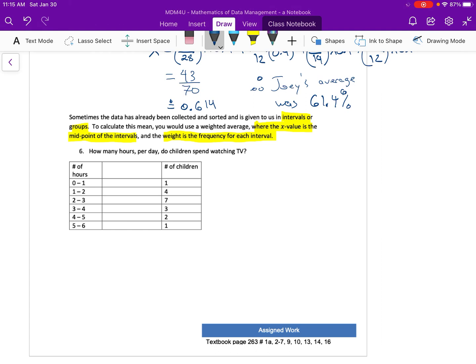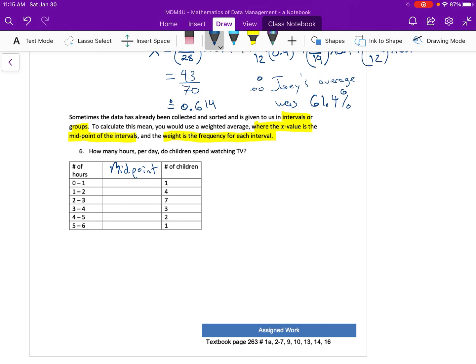If we look at the question, it says, how many hours per day do children spend watching TV? So we've got categories, 0 to 1, 1 to 2. These are bad categories because they overlap, but we'll use them anyway. And here, what we want is the midpoint, because we don't know if it was 0 or 1, it's in a range of values.